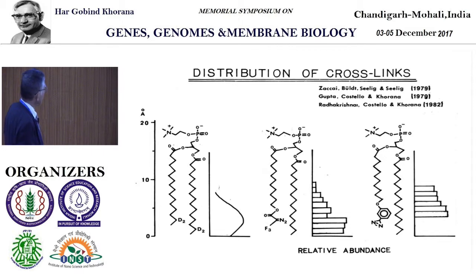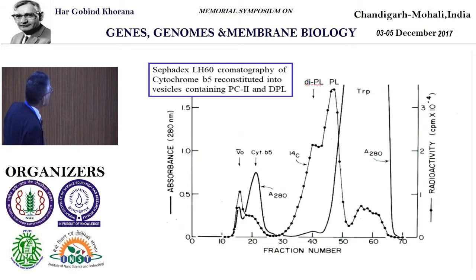If you label here with deuterium and measure the distribution of these deuteriums, it scatters around like this. So it's reflecting a similar type of distribution. It looks like having a benzene, a phenol group here, doesn't interfere with the movement.